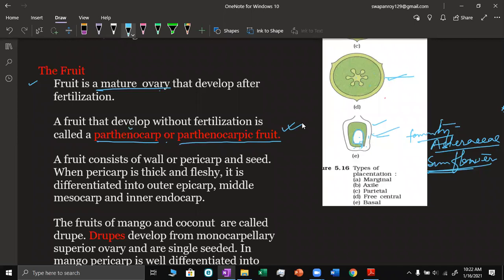In this parthenocarpic fruit, usually there is no seed. Okay, because fertilization does not take place, so the seed usually does not produce.